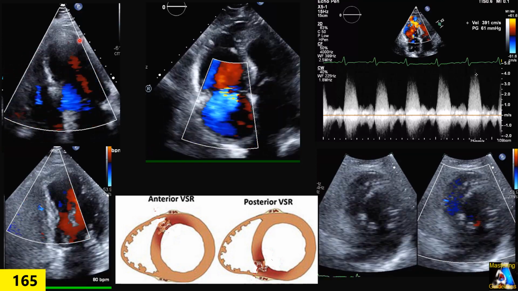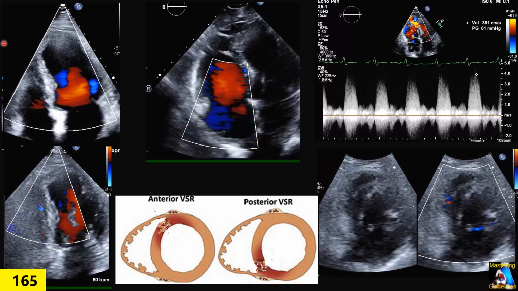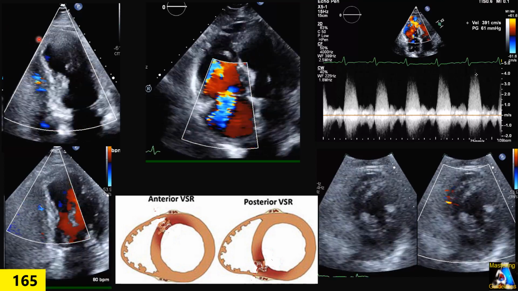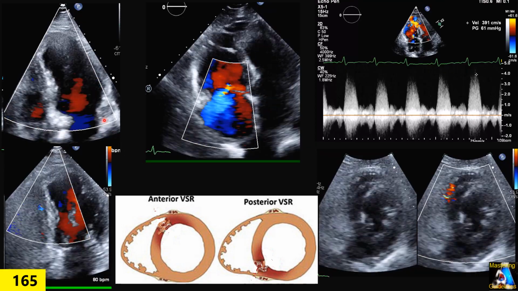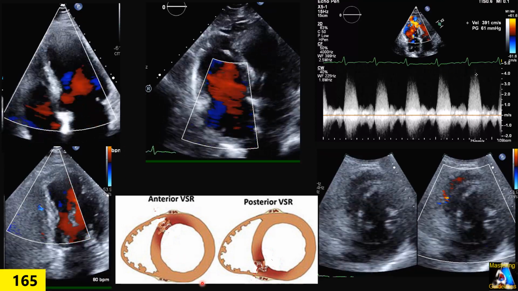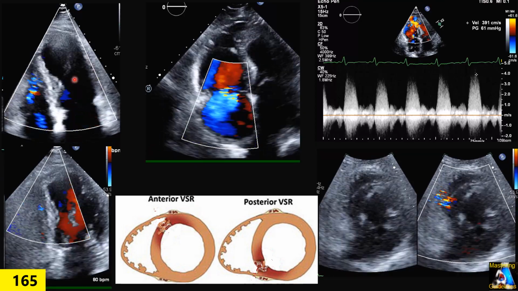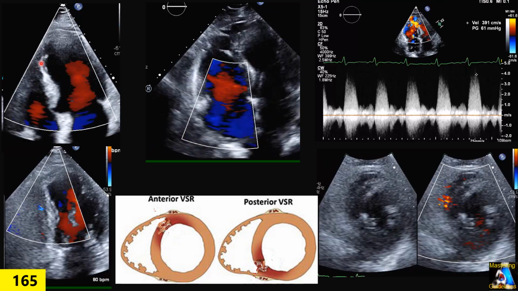whenever you see any wall motion abnormality, you always have to get an extra image. What does extra image mean? You have to put color at that area and then sweep it, depending on what view you are in, from the base to the top. For example, in apical 4, you see dyskinesia on this spot.